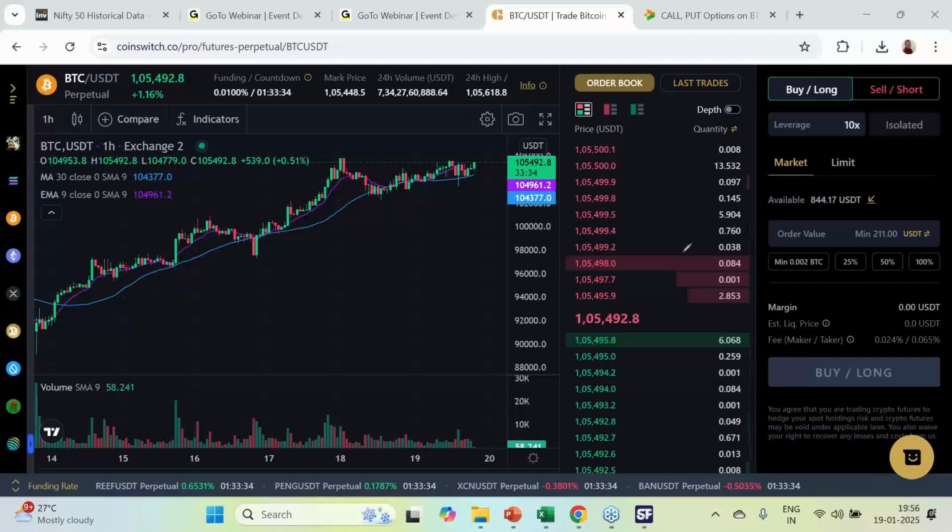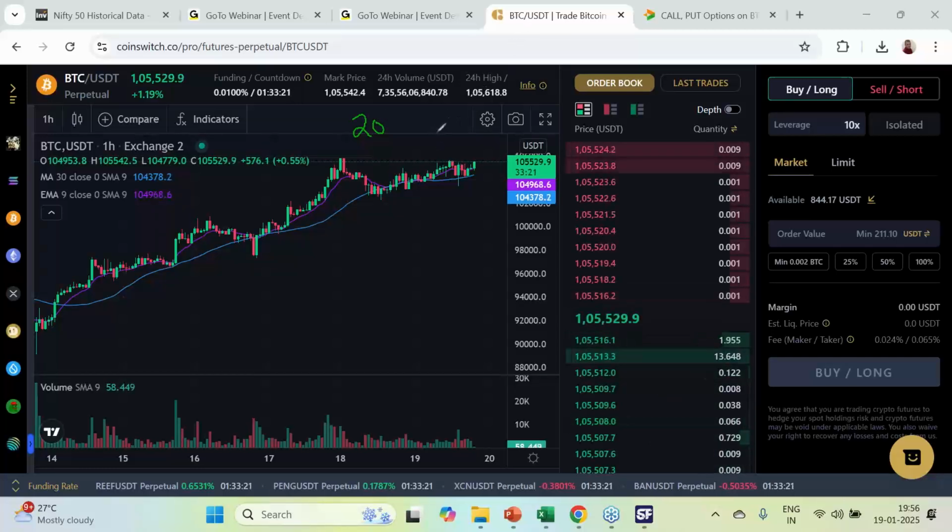Sometimes what happens in the stock market, we got the corona period, volatility came and went up. In the corona period, in 2020, VIX and everything went to 70-80%. Then it has fallen down to 10% now. But this market is not like that. This market retains the volatility.